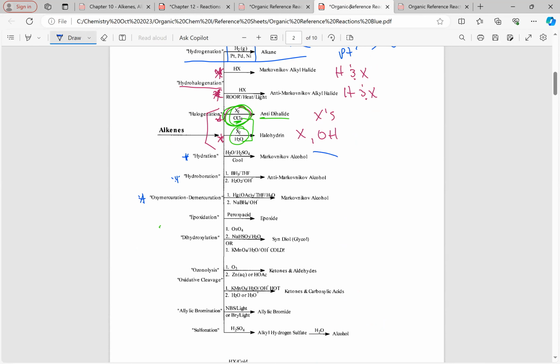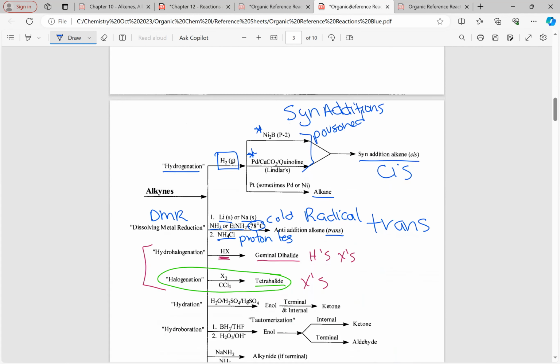Those will all make alcohols. And the reason you have 3 of them is because 2 of them are for Markovnikov alcohols, and 1 of them is for anti.